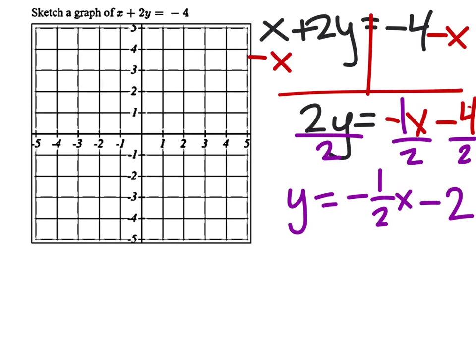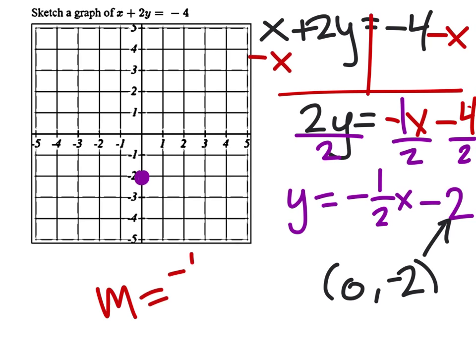This is great because it gave us the y-intercept at 0, -2 right here, right? So I can graph that point on the line, 0, -2, which would be right here. And then I'm using the slope as -1/2, which will tell me to go down 1 and then to the right 2. So down 1, to the right 2. There's my next point.